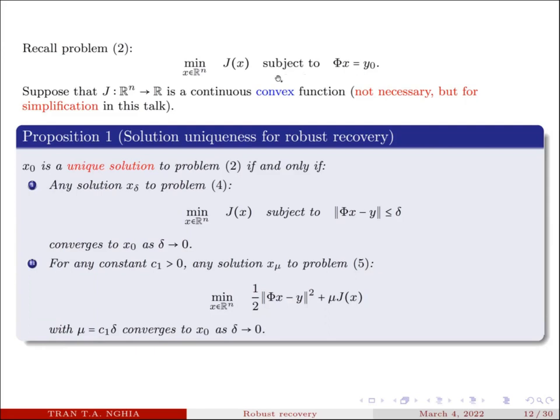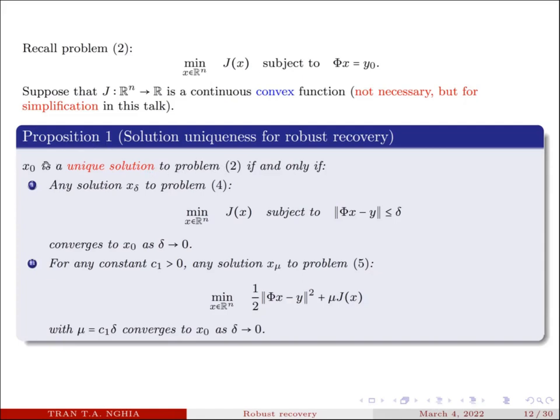In this talk, we suppose that J is a continuous convex function. But just for simplicity, in our paper, we do not need convexity at all. All we need is that the function J is continuous, and maybe Lipschitz continuous around the point in question. Of course we also make some other assumptions, but no convexity for sure.